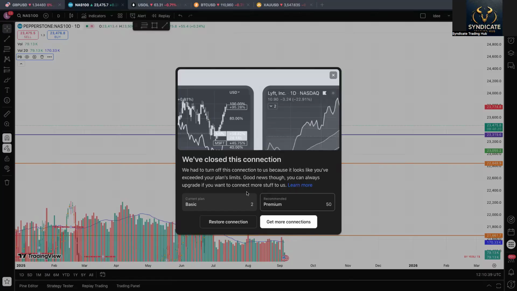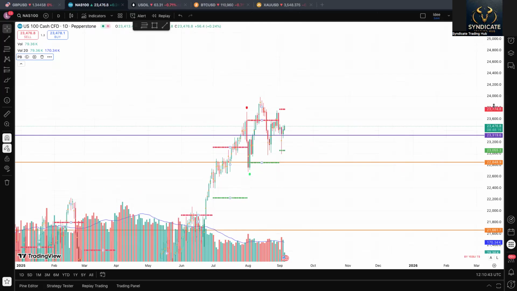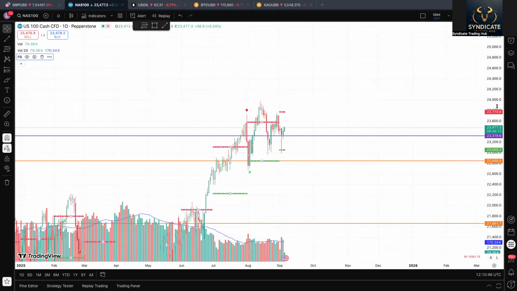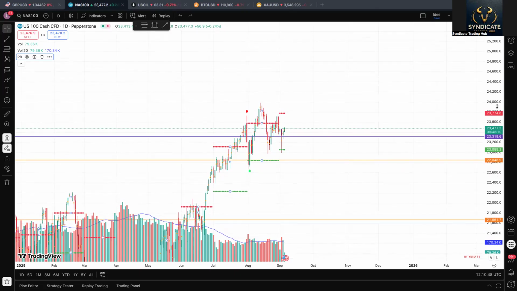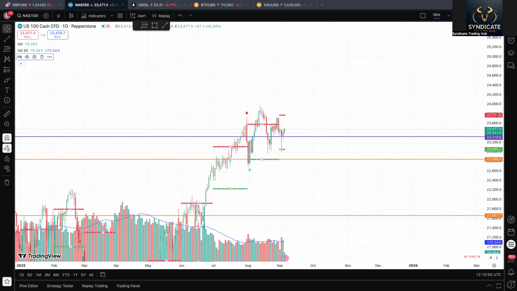So let's go to the Nasdaq 100, for those that trade Nasdaq 100. Nasdaq 100 also has similar price action, and there's a slightly bullish relationship on the daily time frame.